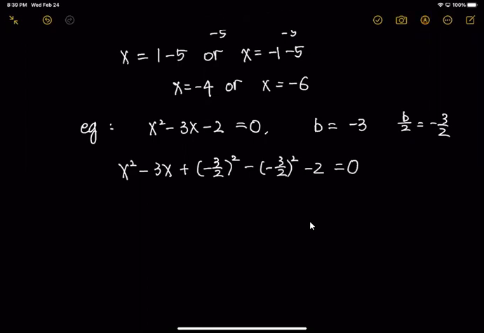Okay, the first 3 terms equal x plus b over 2, which is (x minus 3/2) squared. And then minus, it doesn't matter, when you square a negative, you will eventually get a positive. So you have 9 over 4 subtract 2.